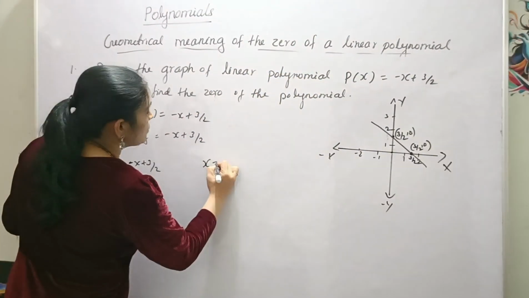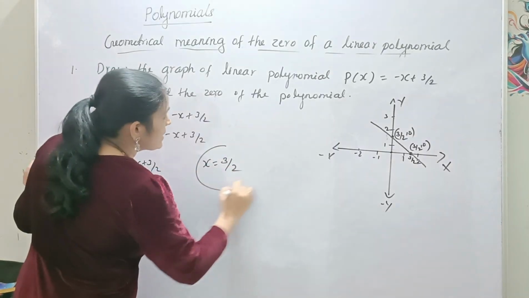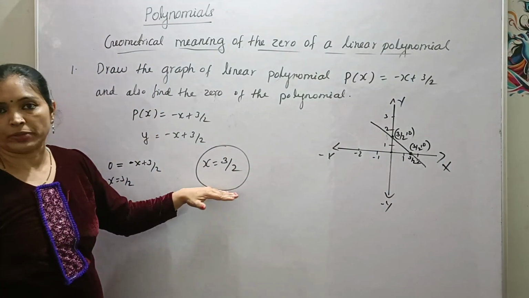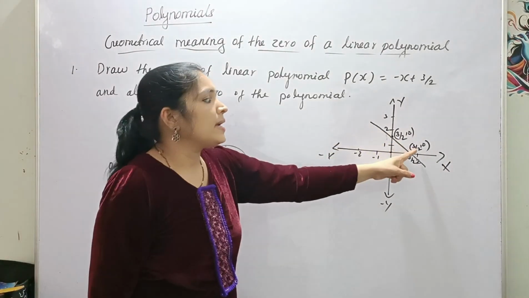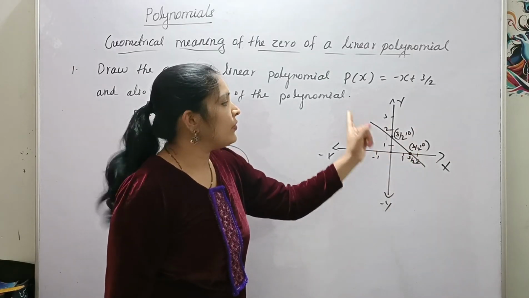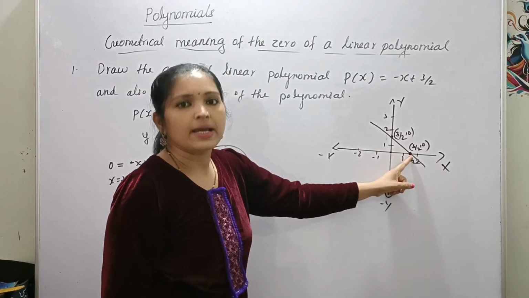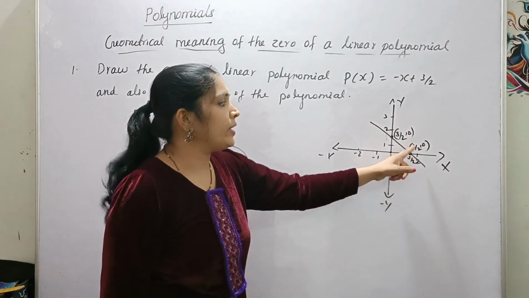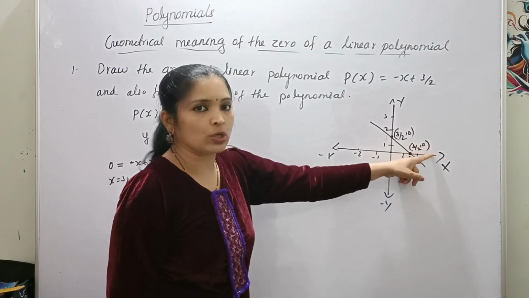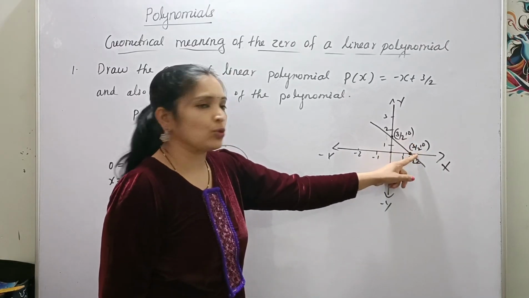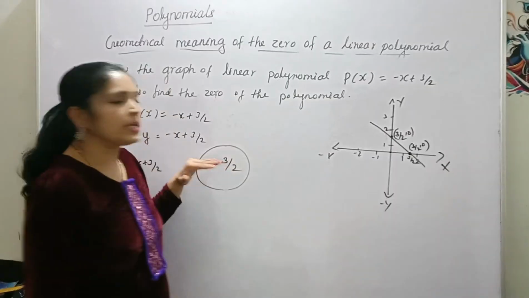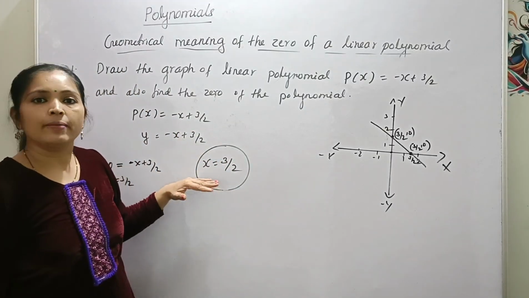Therefore, x is equal to 3 by 2 is the zero of the given polynomial. That is the x coordinate of the point where the graph intersects the x-axis. So what is the point? 3 by 2, 0. What is the x coordinate? 3 by 2. So here 3 by 2 is the zero of this polynomial.